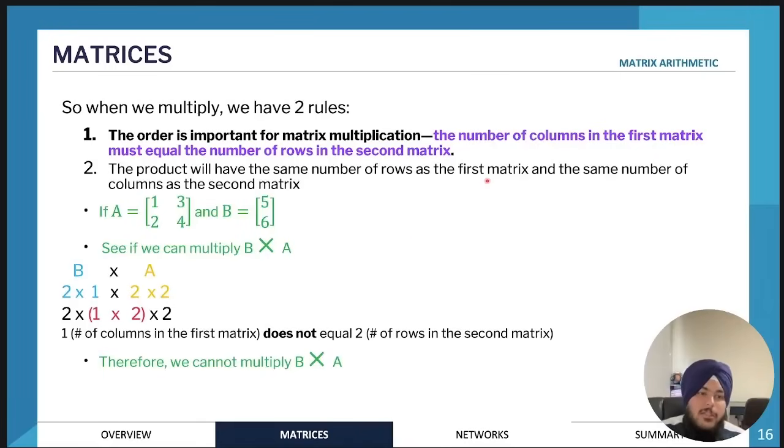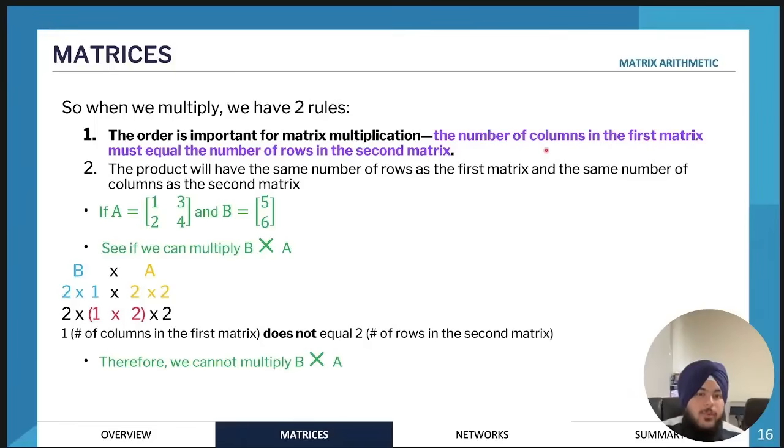Okay, so when you're multiplying matrices, there are essentially two rules you need to work out before you start the actual multiplying. The first is the order of the matrix multiplication. You need to work out the order of the two matrices you're multiplying before you do the multiplication.